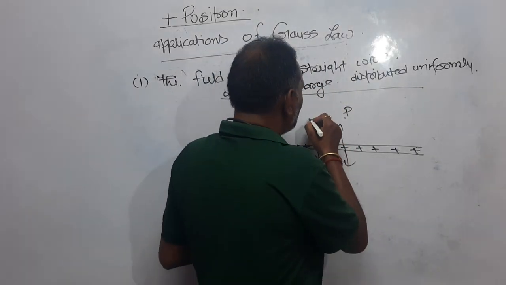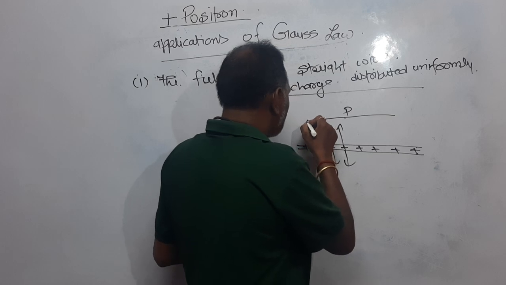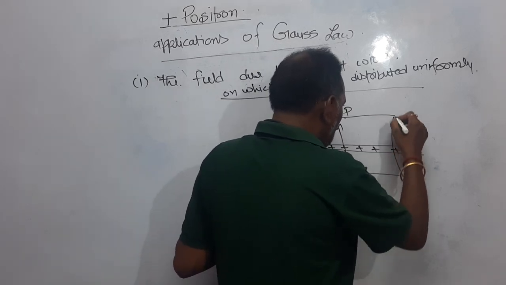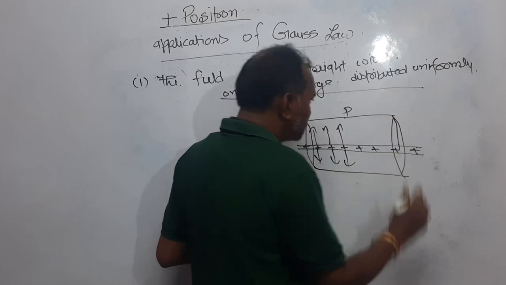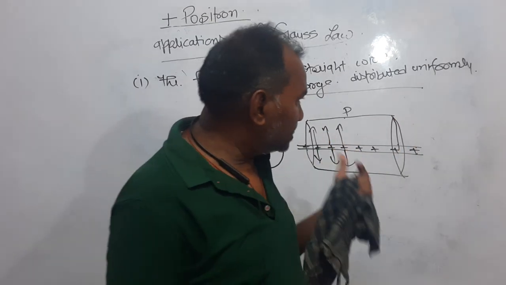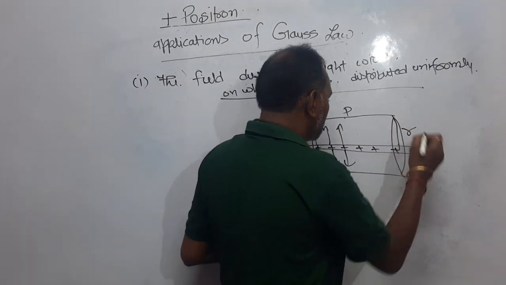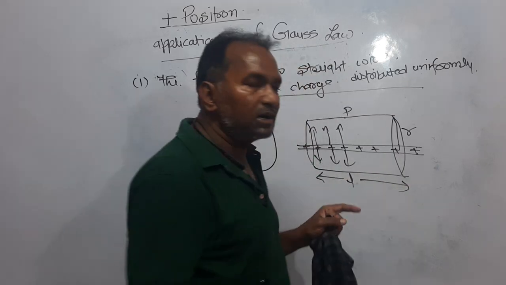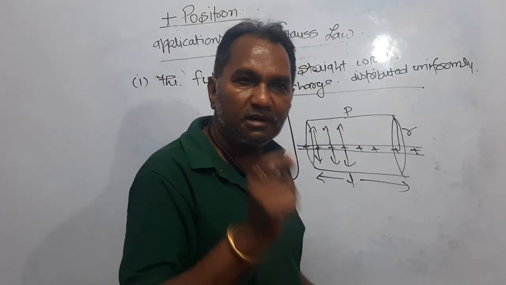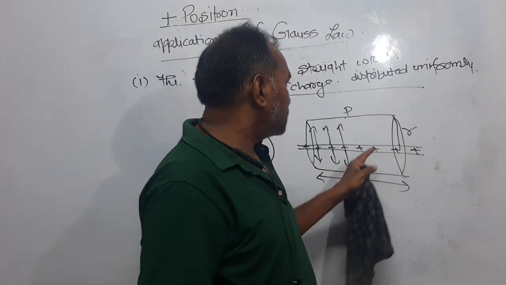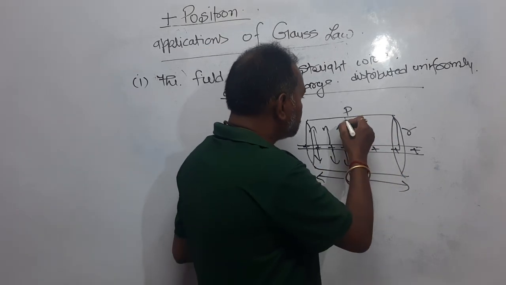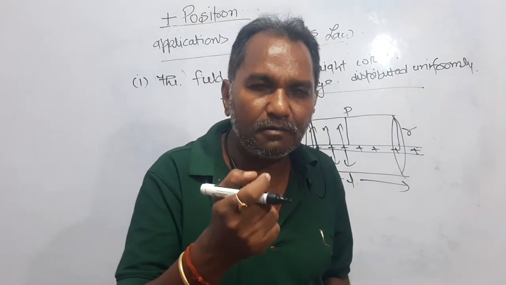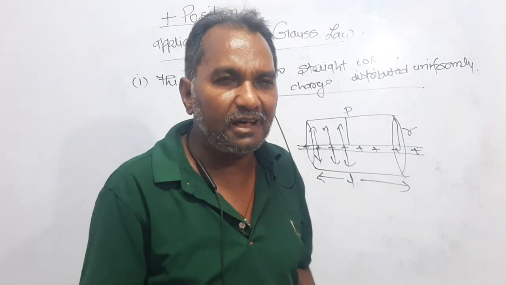So dear students, what I'm doing is considering a cylinder having radius r and length small l, right? In order to find the field at point P, I have considered a cylinder of radius r, and you have to consider a cylinder of that dimension on which point P exists.